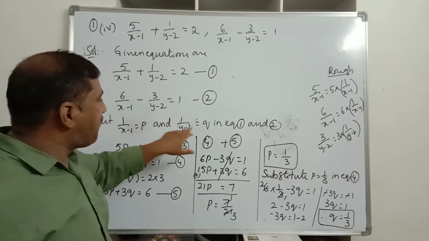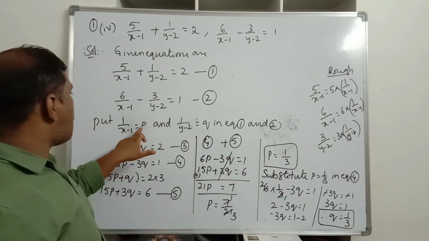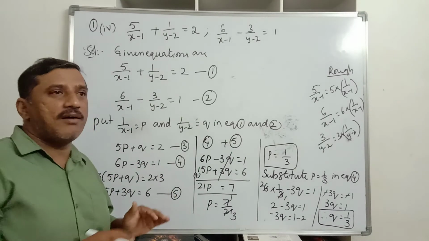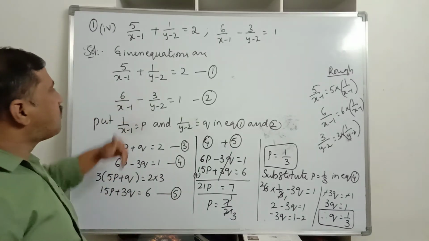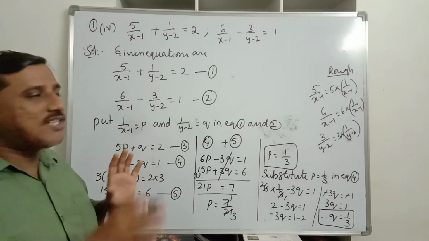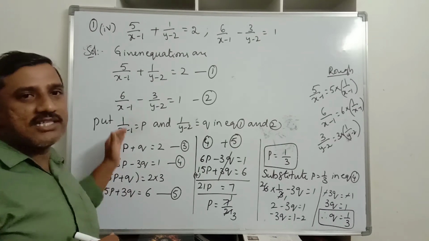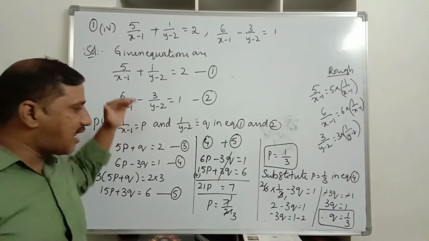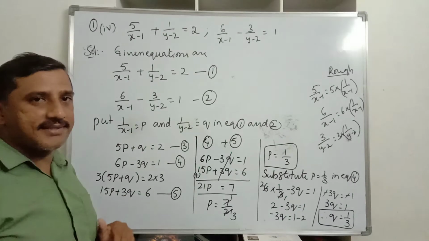Then replace q as 1 by 3 and p as 1 by 3. Then we will get two linear equations in the variables x and y. Solve those two equations, we will get the x value and y value. That is the final solution of the given equations, by substituting p and q values. Is it clear? So far, yes.